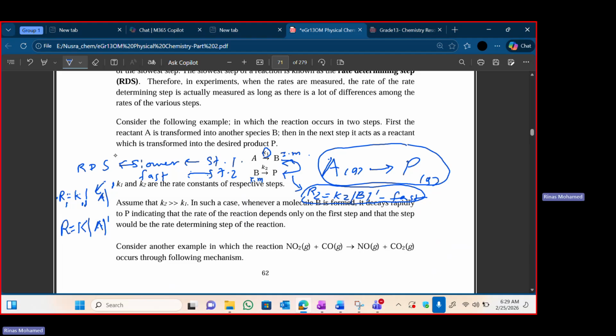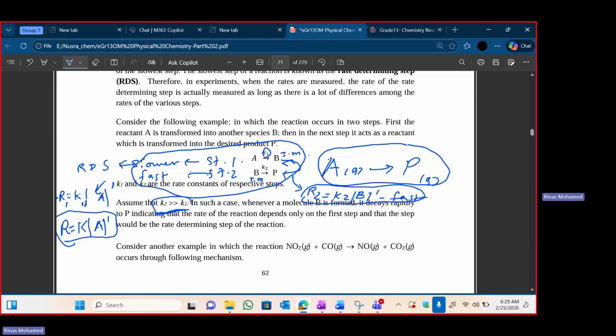But the overall reaction's rate law will resemble the RDS step's rate law, because K2 is much higher than K1.